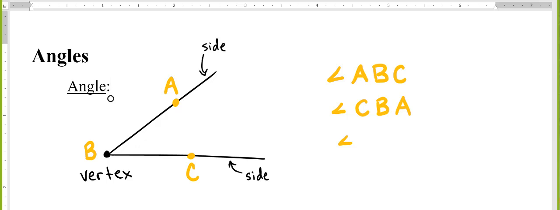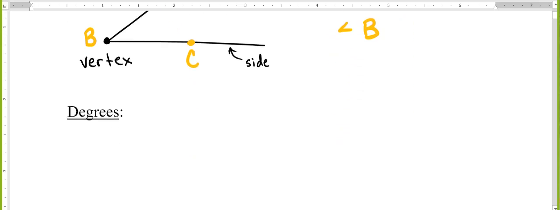Angle B. But something you need to notice when you use three letters, that vertex has to be in the middle. It's either angle ABC or angle CBA. That vertex always has to be in the middle. We good? Yeah. Okay, I'm going to keep going.